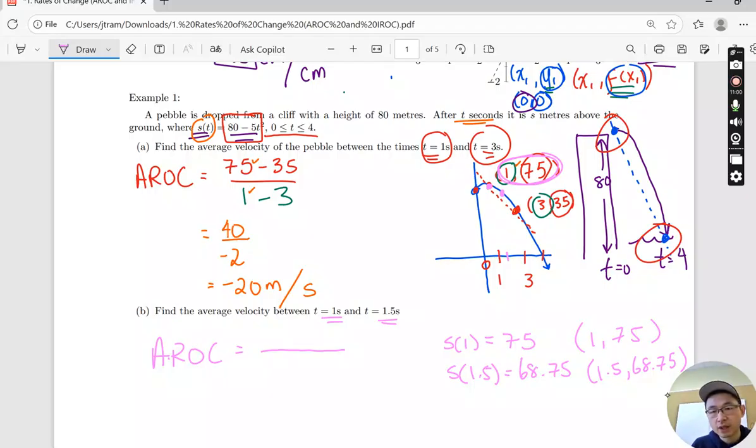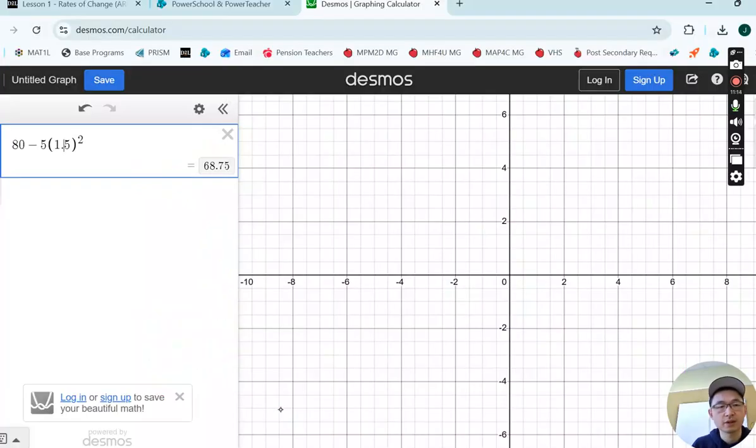So y2 is 68.75 minus 75, and then 1.5 minus 1.